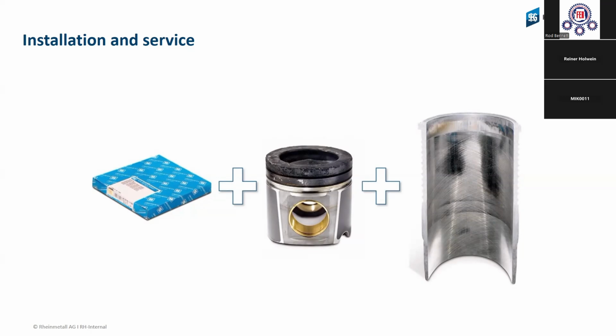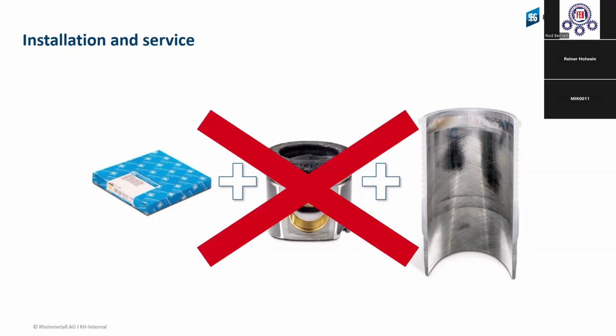And maybe the customer, or the end user, says it's very, very expensive. I will not have a new piston, I will not have a new liner, I will only have a piston ring. But this will maybe not be helpful because this is not the right overhauling.